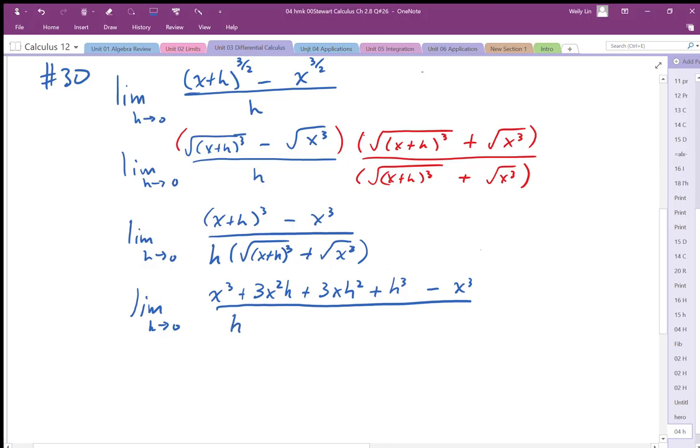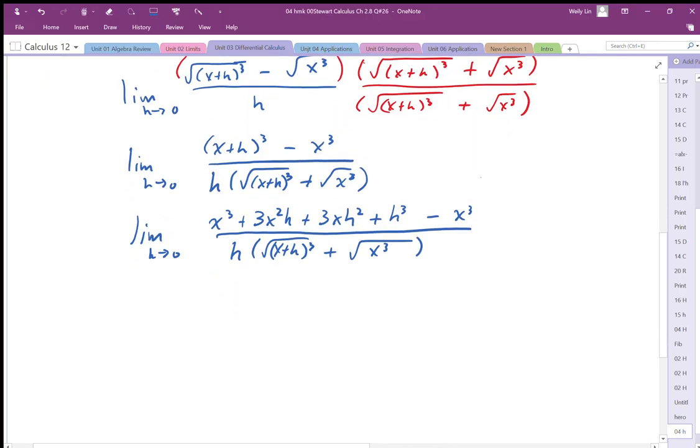Notice that when the x cubes cancel, I'm going to be able to cancel out my h factor, and I have my square root of (x plus h) cubed plus square root of x cubed. So the x cubed minus the x cubed cancel out.